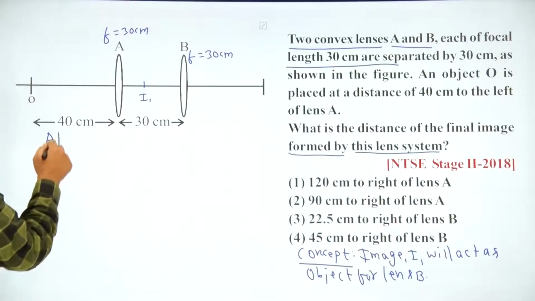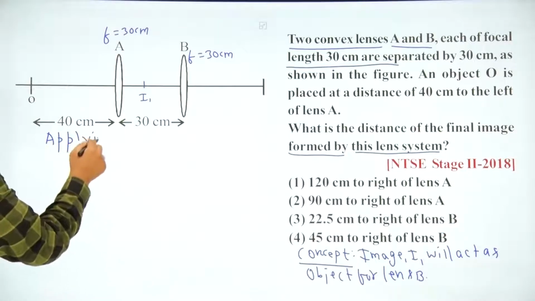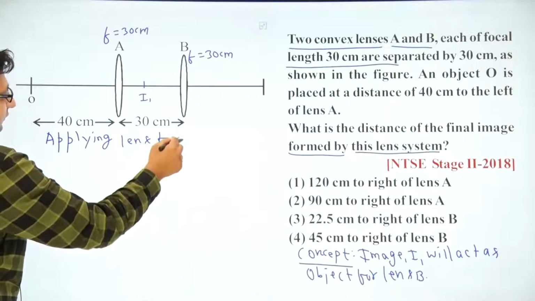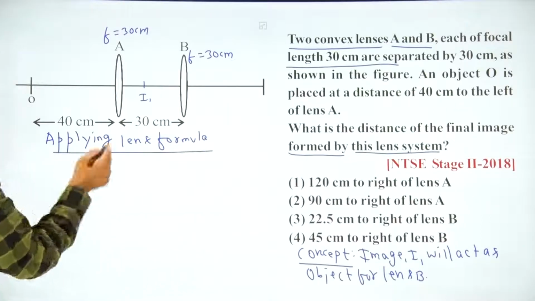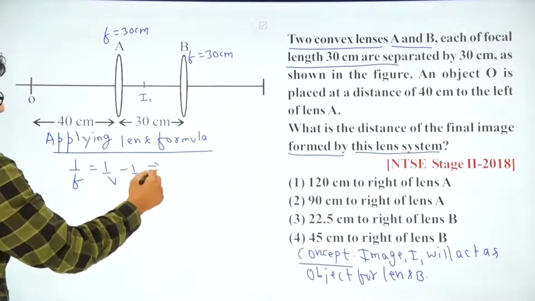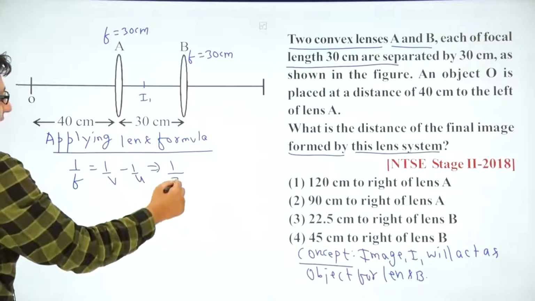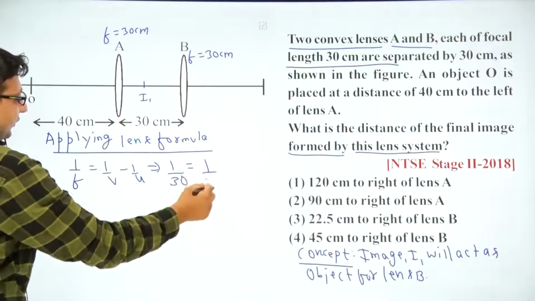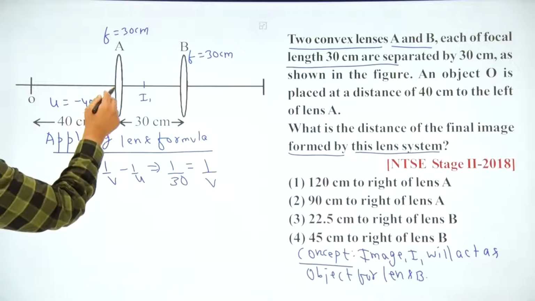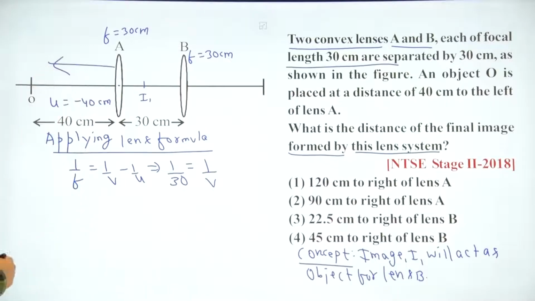Applying the lens formula with proper sign convention: 1 upon f equals 1 by v minus 1 by u. The focal length is plus 30, v we don't know, and u will become minus 40 centimeter from sign convention as we are moving in the minus direction.